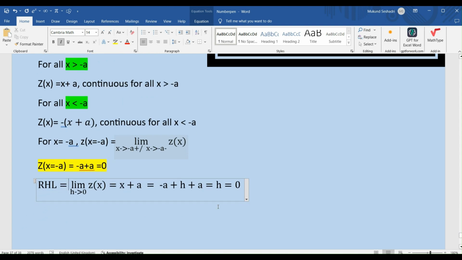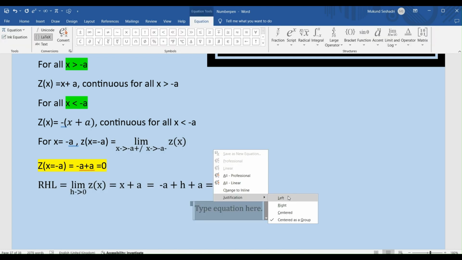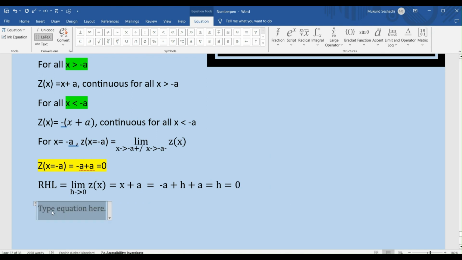Let's go and evaluate our left hand limit and let's see what do we get. So I write my left hand limit. So my LHL is equal to, again, my limit of z of x.